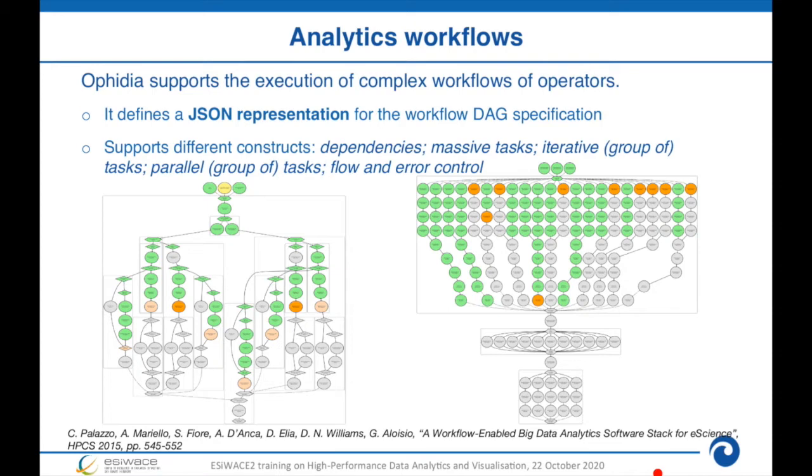We can think of the nodes of the graphs as being the tasks that we want to execute, whereas the edges can be considered as the dependencies. Thanks to this structure, we can define very complex workflows by also reusing other existing workflows.